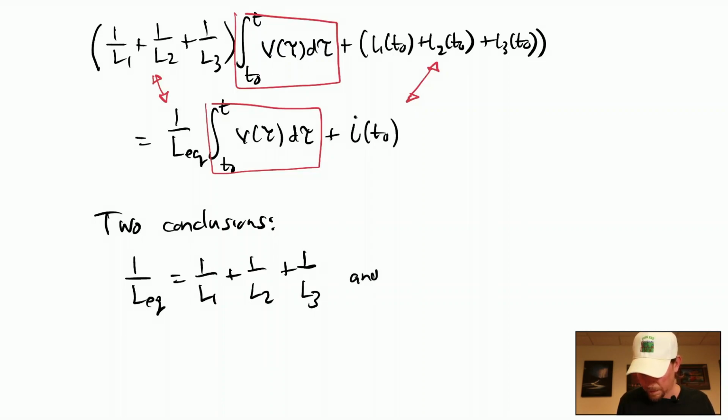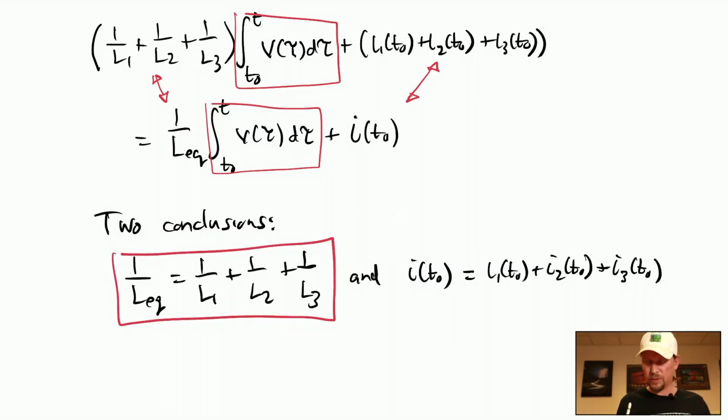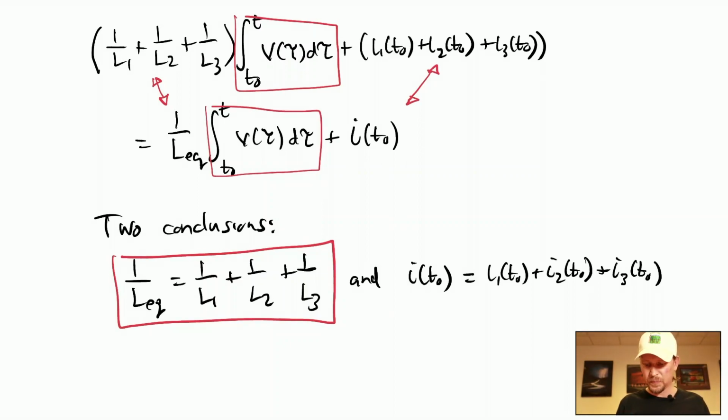And that in the equivalent circuit, the initial current at t0 must be, by KCL, the sum of the currents that exist in each one of the inductors. Now again, these two circuits will be equivalent.